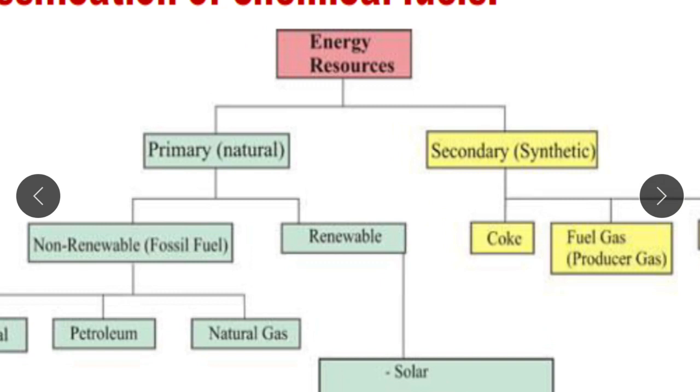Whereas secondary fuels are man-made or synthetic fuels. They are subjected to special kinds of treatment in order to alter their chemical composition and also calorific value. Primary fuels have low calorific value, their burning efficiency is comparatively less, whereas secondary fuels have high calorific value, and burning efficiency is quite good.